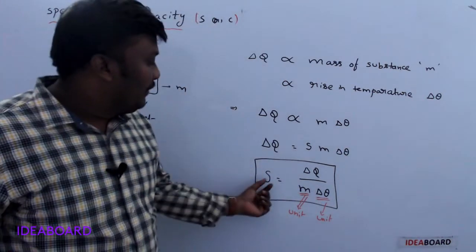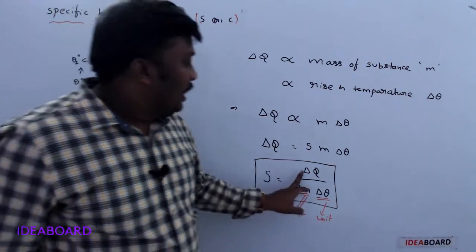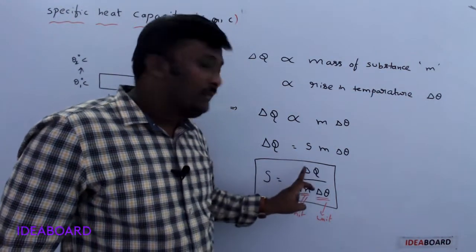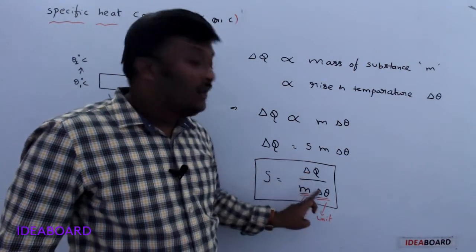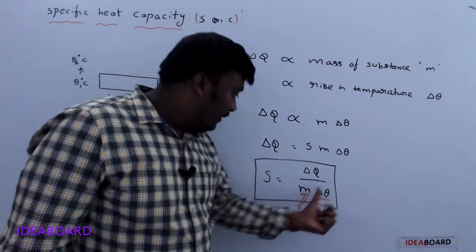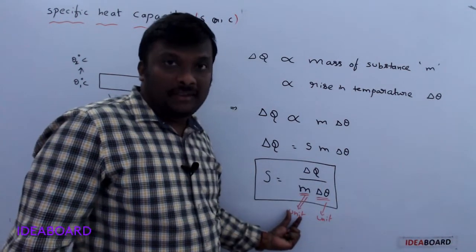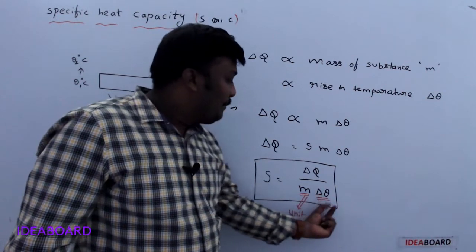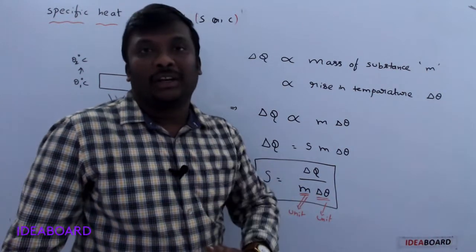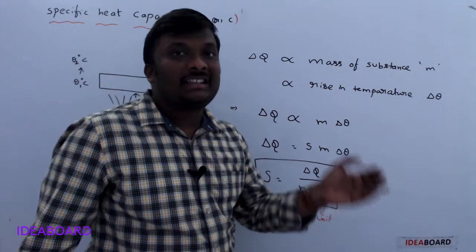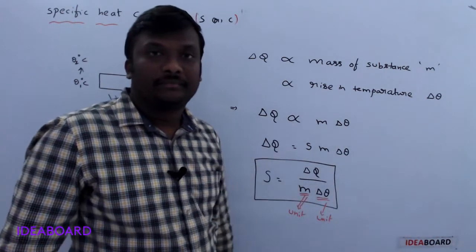Understand? So how can you define specific heat? The quantity of heat required per unit mass of substance to raise its temperature by 1 unit. 1 unit means 1 degree Celsius or 1 Kelvin.